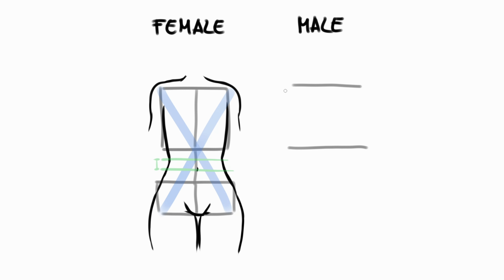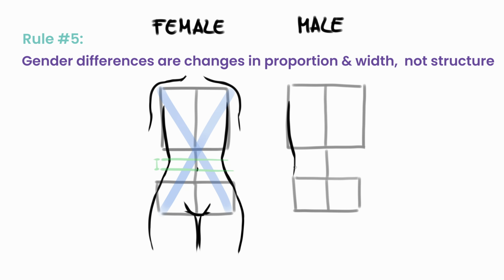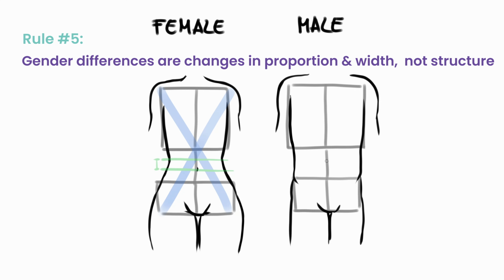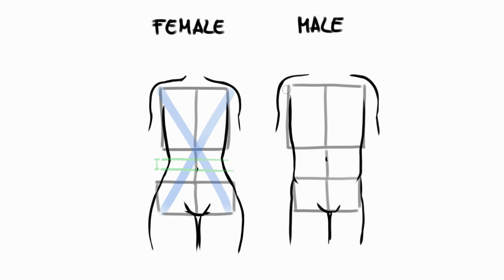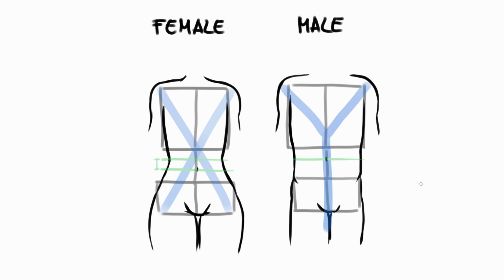Males usually have a wider ribcage, while the pelvis is narrower. This causes an epsilon-like silhouette, and the navel lines up perfectly with the waistline. But keep in mind, these are averages, not strict rules, but they give you a starting point.